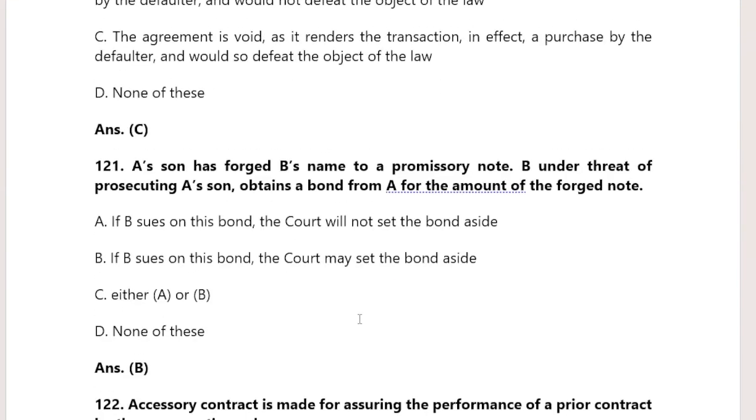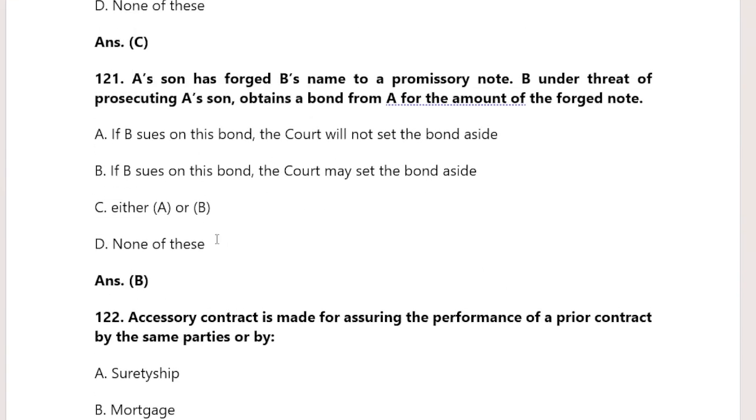And the next question is: A's son has forged B's name to a promissory note, and B, under threat of prosecuting A's son, obtains a bond from A for the amount of the forged note.